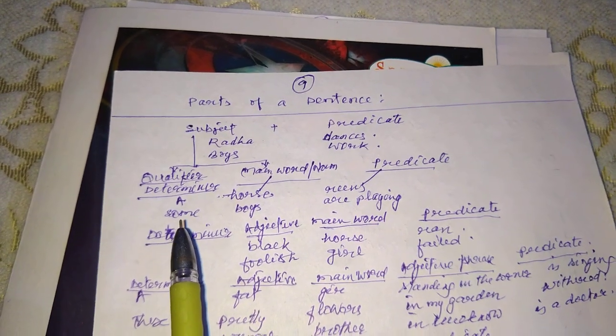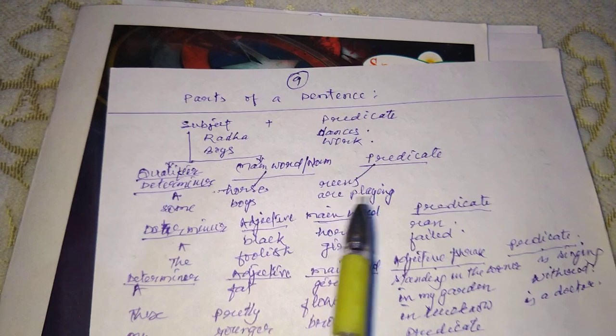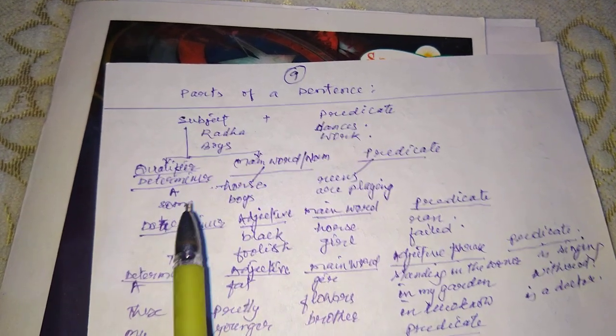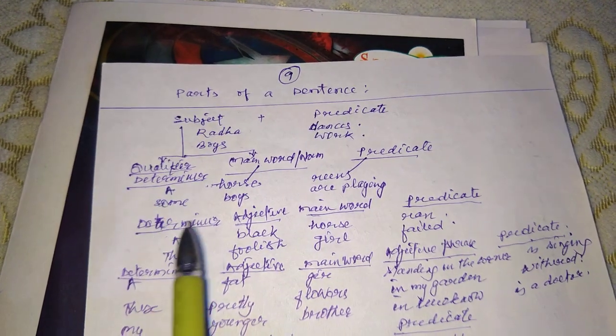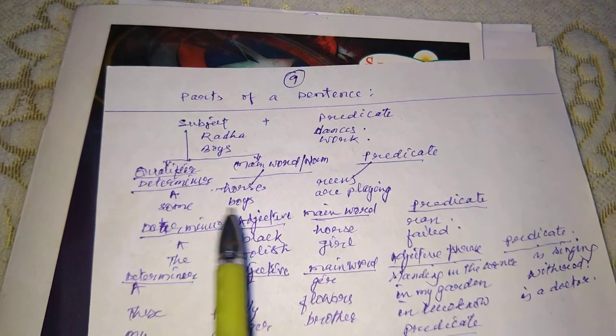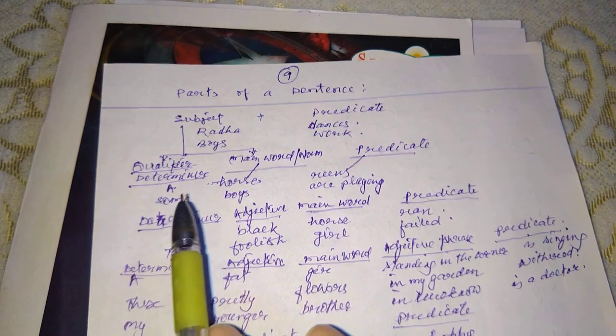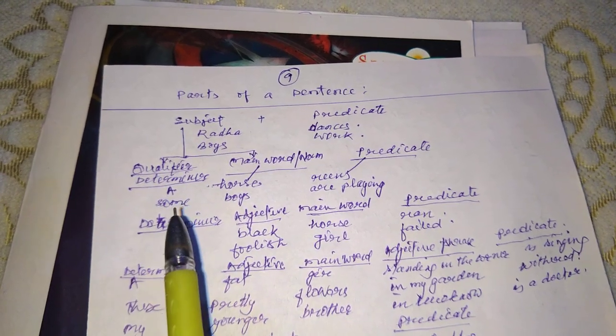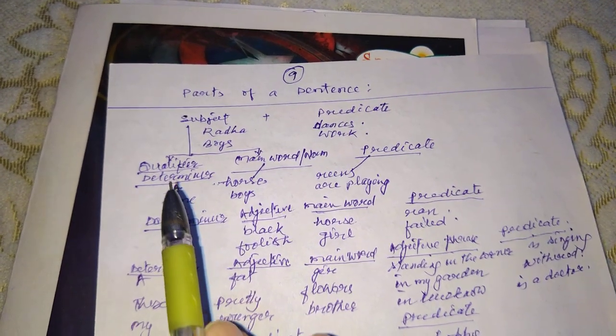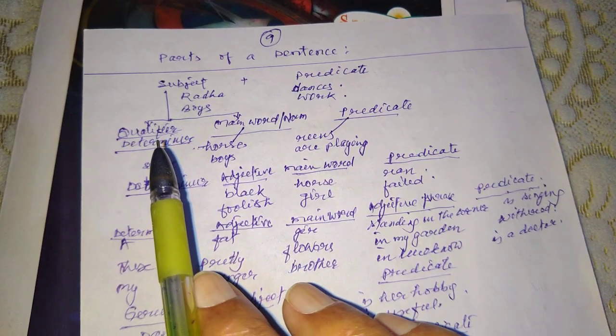Another example: some boys are playing. Some boys totally is the subject here, and this subject is divided into two parts. One is some, which is a determiner or qualifier.